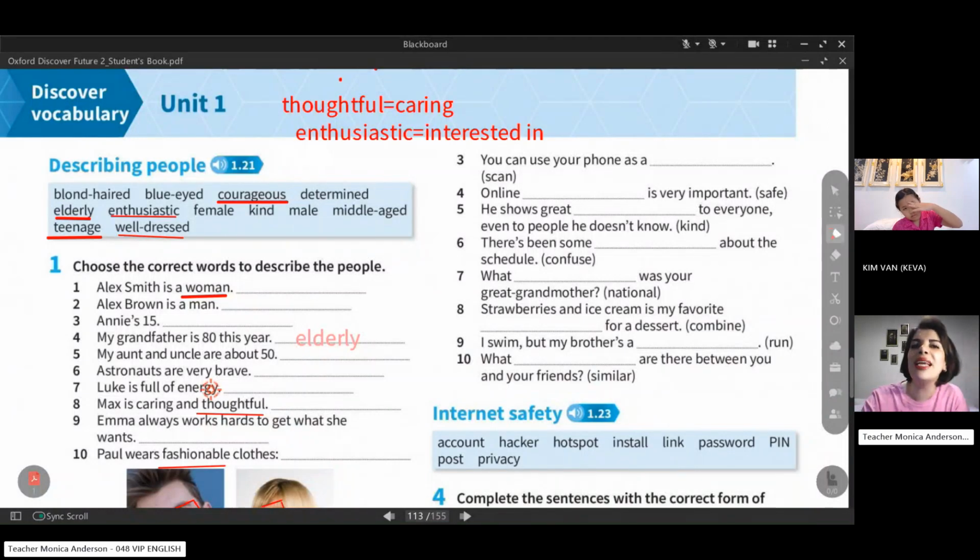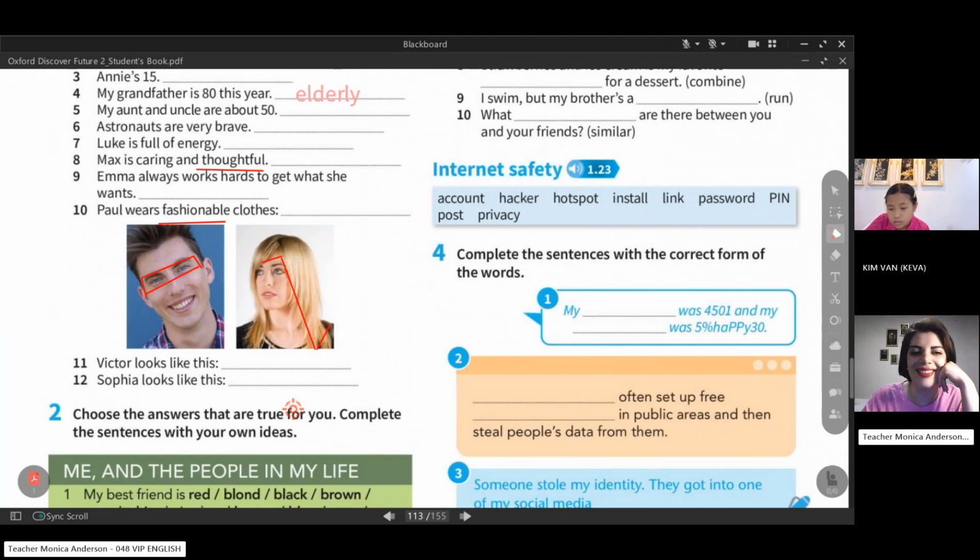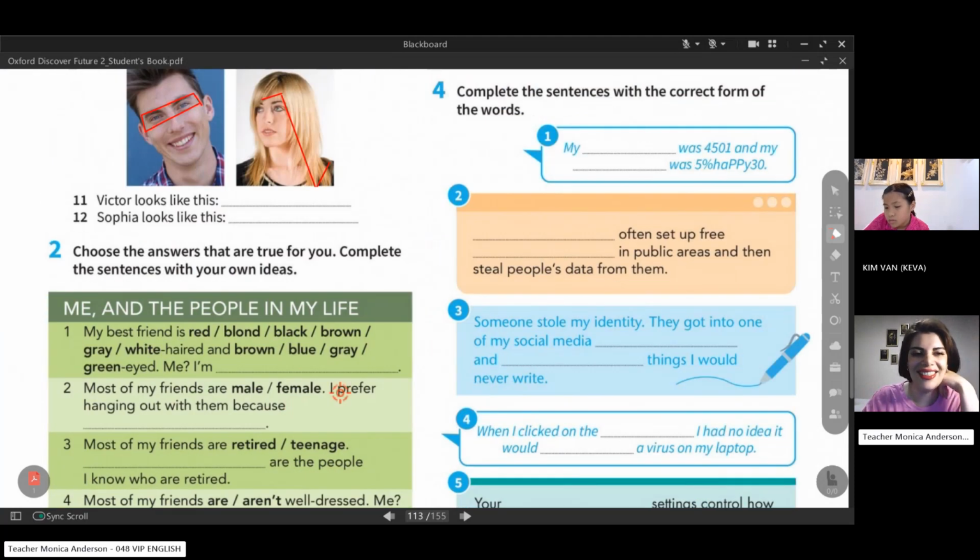For example, the beginning syllable or the second syllable, okay? Do you remember? I told you in two-syllable nouns, normally the first syllable is stressed. Like thoughtful, fashionable, courageous. Okay? Get it?